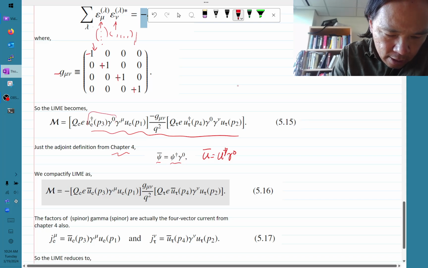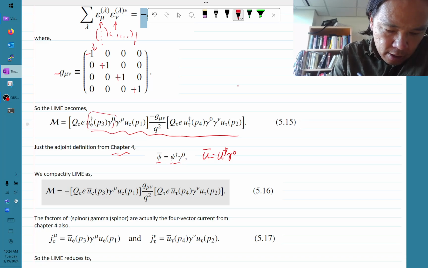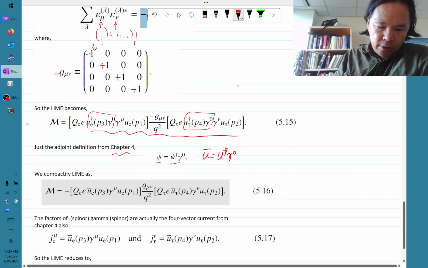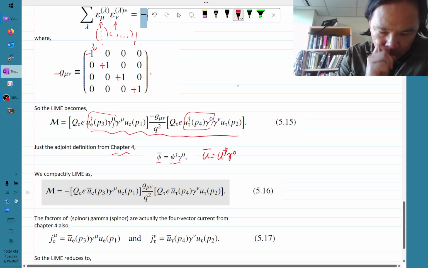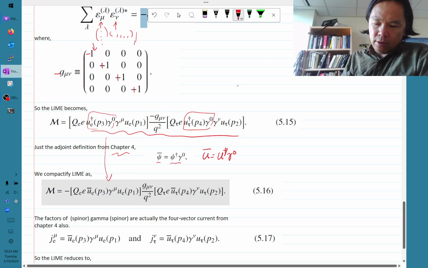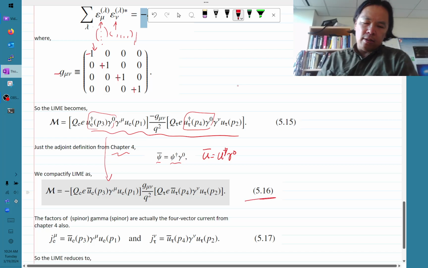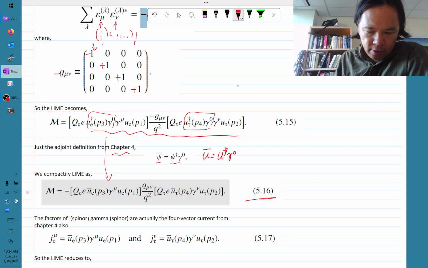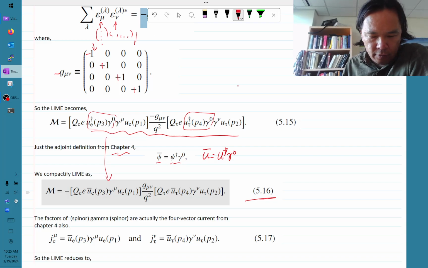Here we have that, and here we also have that. So that reduces it a little bit; at least we get rid of one of the gamma 0s. With this substitution, you get the next equation, which the book highlights, and you know it's important because it's in this big gray box. He wants you to notice it, because we're going to use this equation over and over and over again.